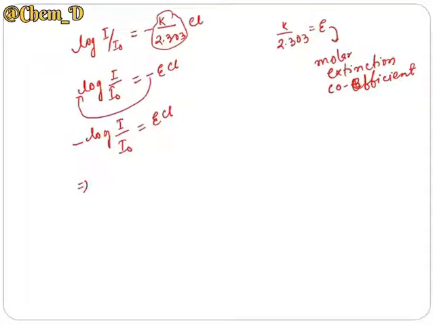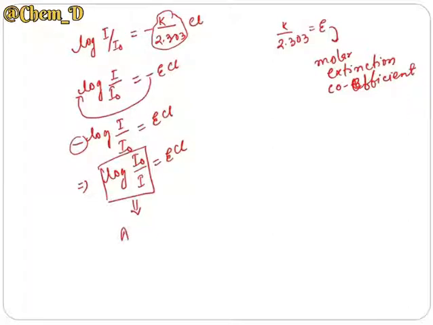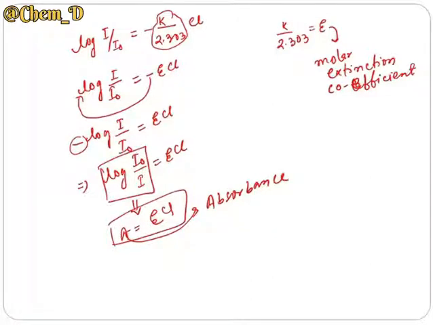Now if this minus goes inside the log, then the equation becomes log I0 by I is equal to ECL, and this log I0 by I is denoted as A. This A is called absorbance, or conventionally optical density.